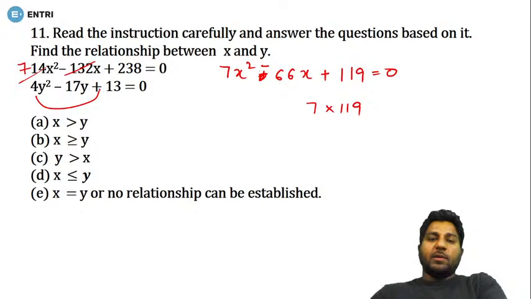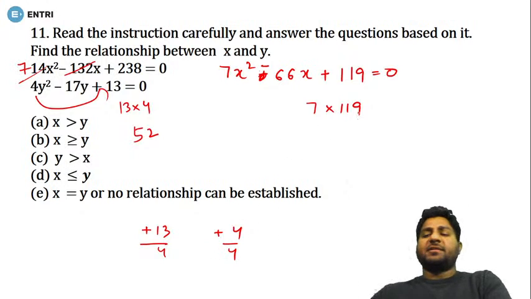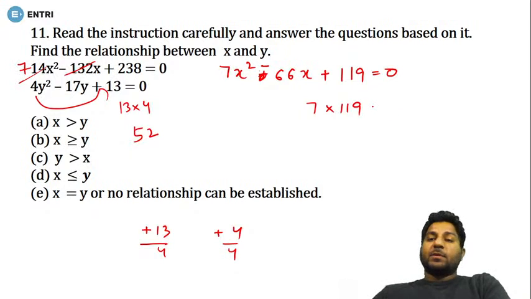Okay, the next one will be easier because 13 fours are 52, and we know that 13 4 will also be the factor. So plus 13 and plus 4 and divided by 4 divided by 4. So the second one will be easier because it is smaller, but the first one will spend some time. Okay, but you have to prevent that thing because these are some important but easy ones. So how can you do that?